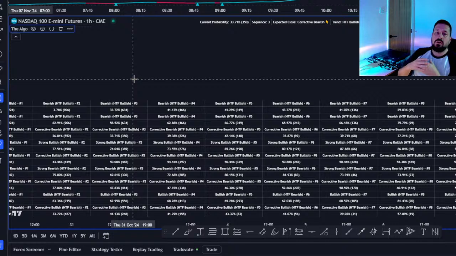We either go from corrective to bullish or corrective to bearish. When we change to corrective to bearish, we go to a sequence 1 corrective bearish, 90% probability of being bearish, great trade. If we're going to carry on bullish, we can transition into a sequence 1 bullish, great trade.